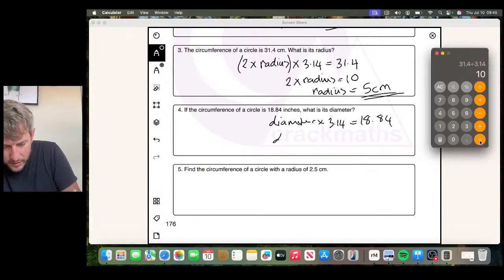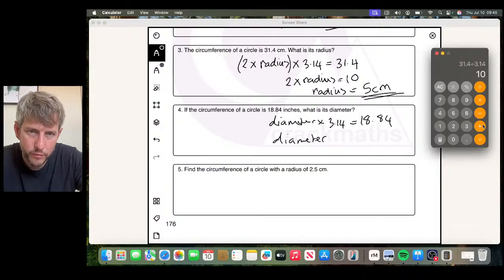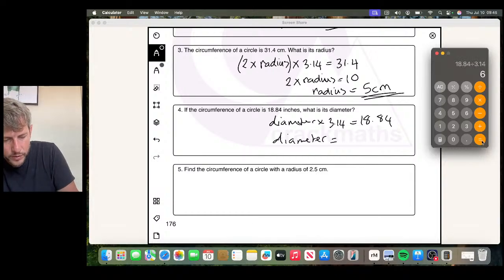So the diameter will equal 18.84 divided by 3.14. So 18.84 divided by 3.14, and that will equal 6 inches.